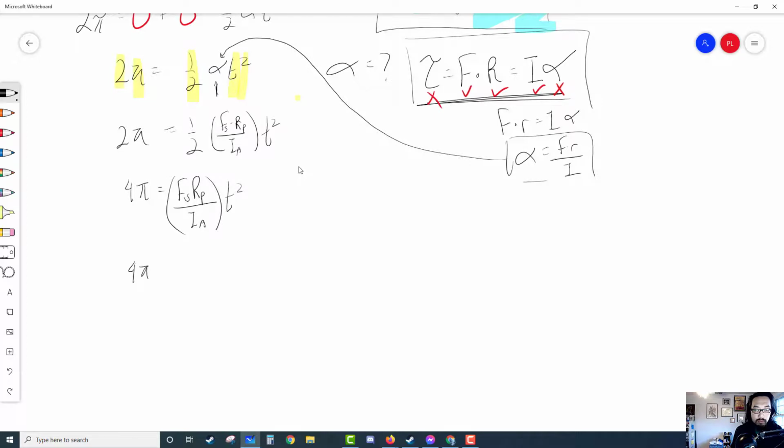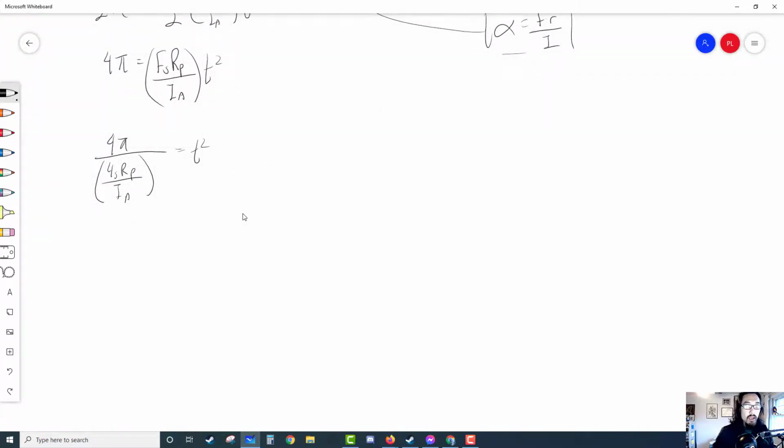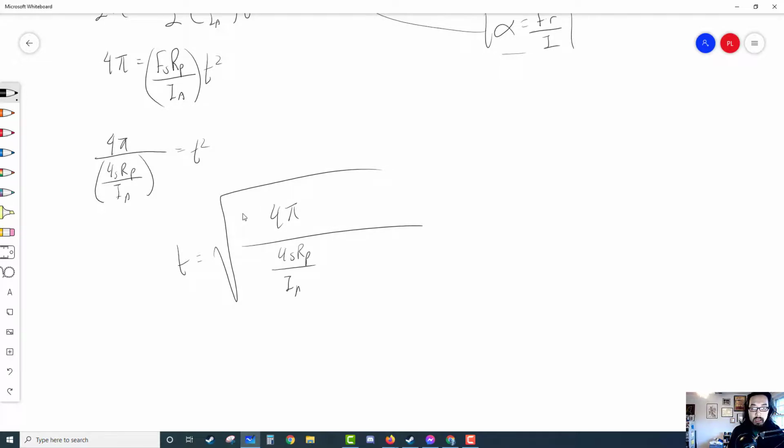We get 4 pi divided by F_s R_p over I_a is equal to t squared. Are we done yet? No, because we have to actually take the square root of both sides. Oh boy. Then we get t is equal to the square root of 4 pi all divided by F_s R_p over I_a.